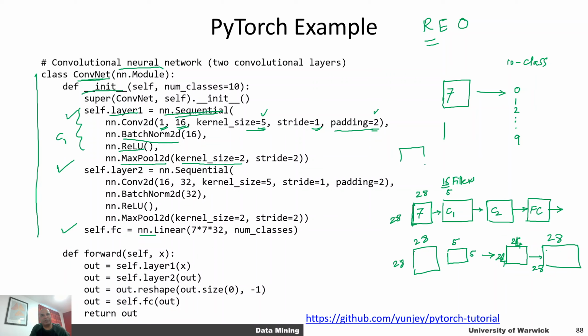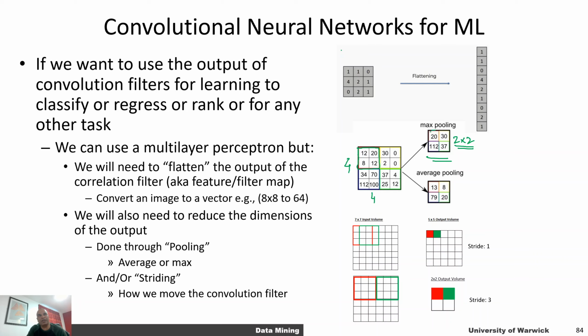First, let's talk about the size of the max pooling kernel. If your max pooling kernel is of size 2 by 2, then the max is simply applied in a 2 by 2 square on this image. So if this is the convolution output, then with a max pooling of size 2 by 2, you end up with 20 over here, because that is the max of these 4 numbers.